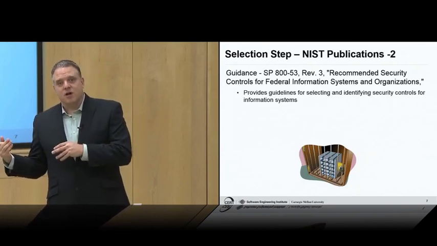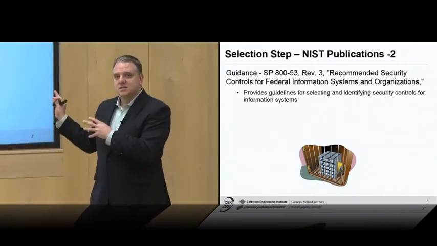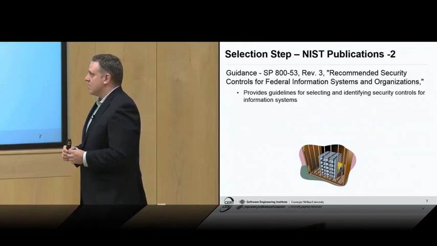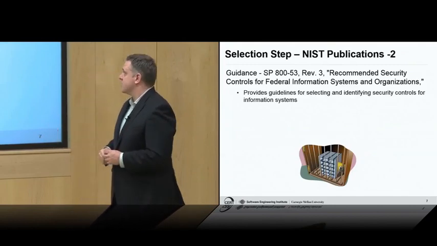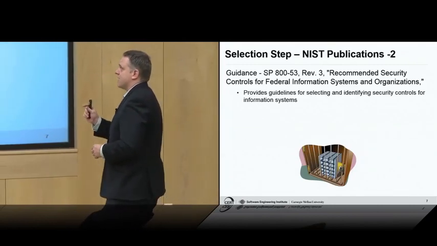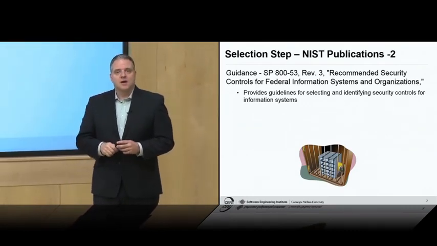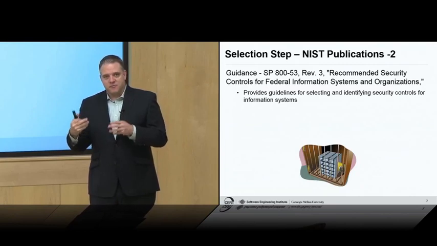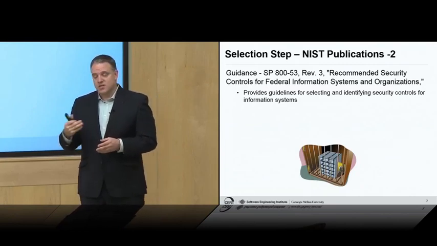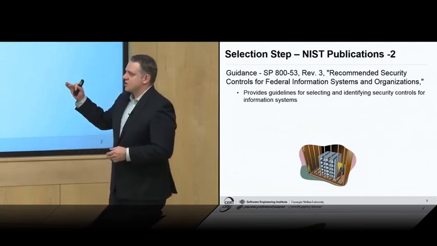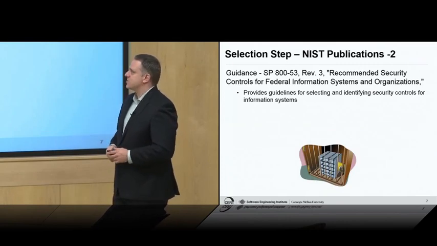Again, even if you're not a federal organization, these can provide you some good controls that you might want to consider. And it's a very comprehensive document. It's several hundred pages thick, and goes into very much detail on each of the controls and tailoring those controls to your specific situation.